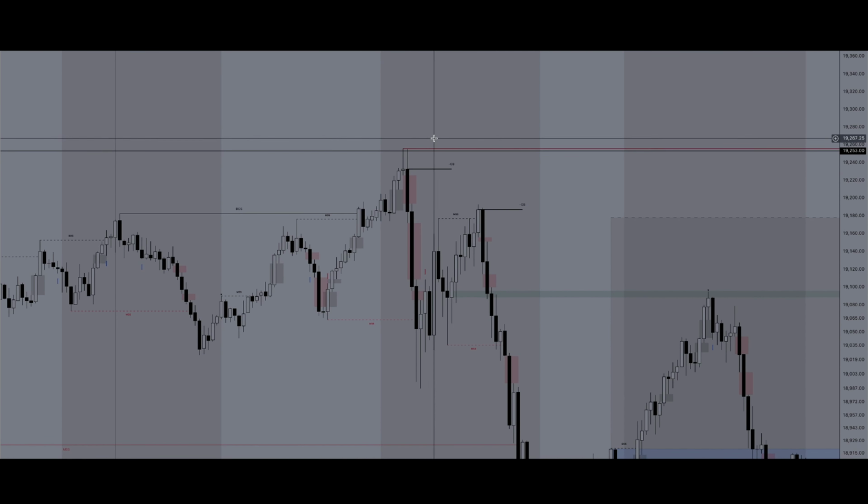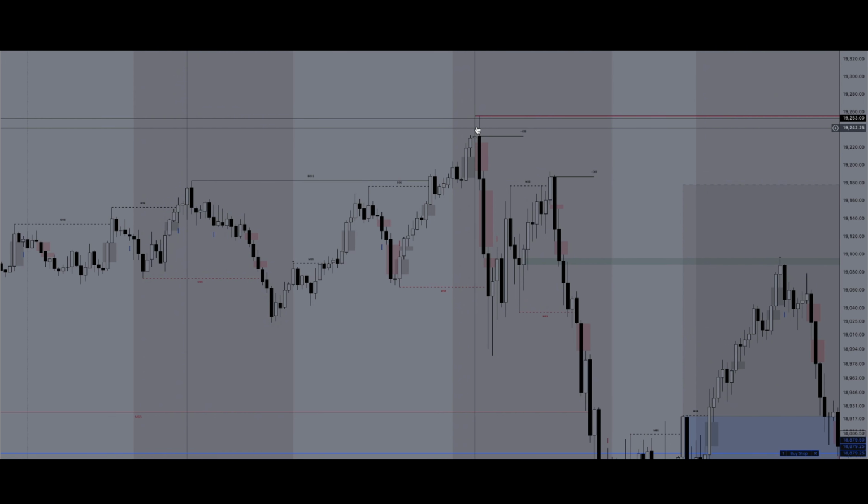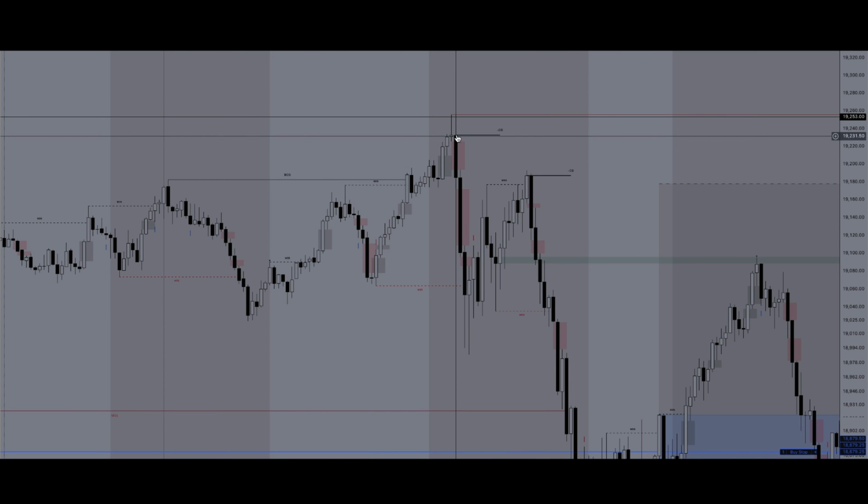And if we zoom in closely, we can see it took that high right there by just a few ticks, and then we instantly sell off at 9:30. This candle alone was the 9:30 candle that instantly started pushing down, giving us that market structure shift.